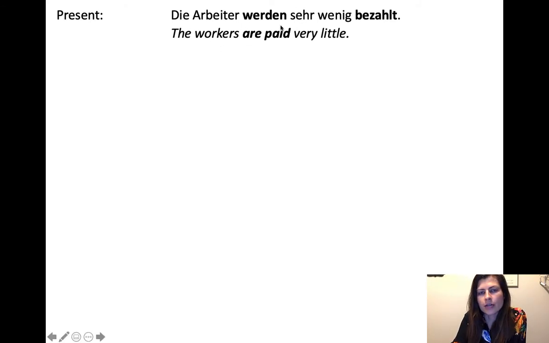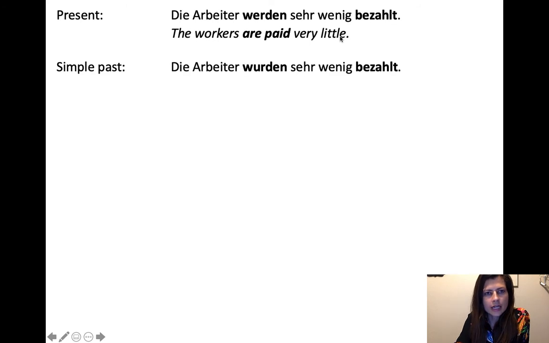You could add in die Arbeiter werden von den Arbeitgebern sehr wenig bezahlt. So it would be the workers are paid by the employers very little. But that's optional, of course. The emphasis is not on who pays, but who is being paid. So present tense, werden bezahlt, werden in the present tense plus past participle.